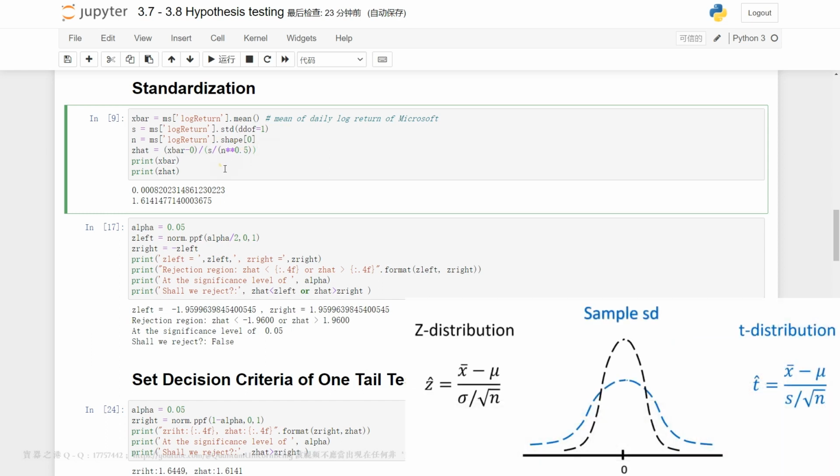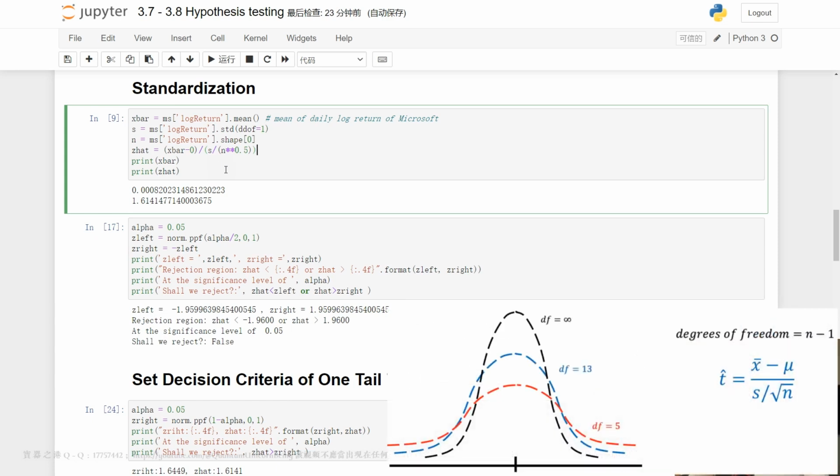Similar to the z-distribution, the t-distribution is symmetric with respect to zero and bell-shaped. The distinction lies in the tails. The t-distribution possesses flat tails, which signifies that t has a greater probability of taking on values in the tails.